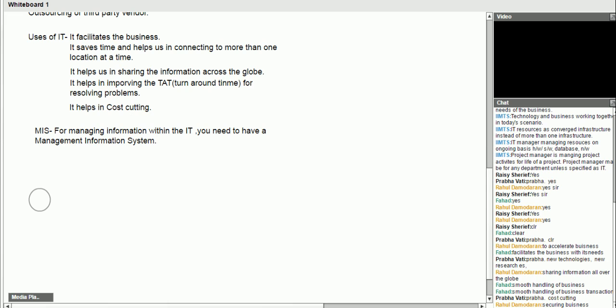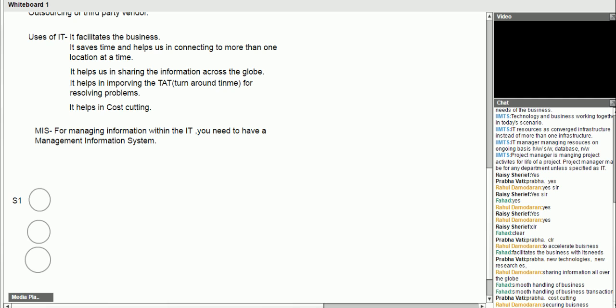Suppose these are three systems. Say this is S1. S1 is one system. A system means the computer on which you are working.